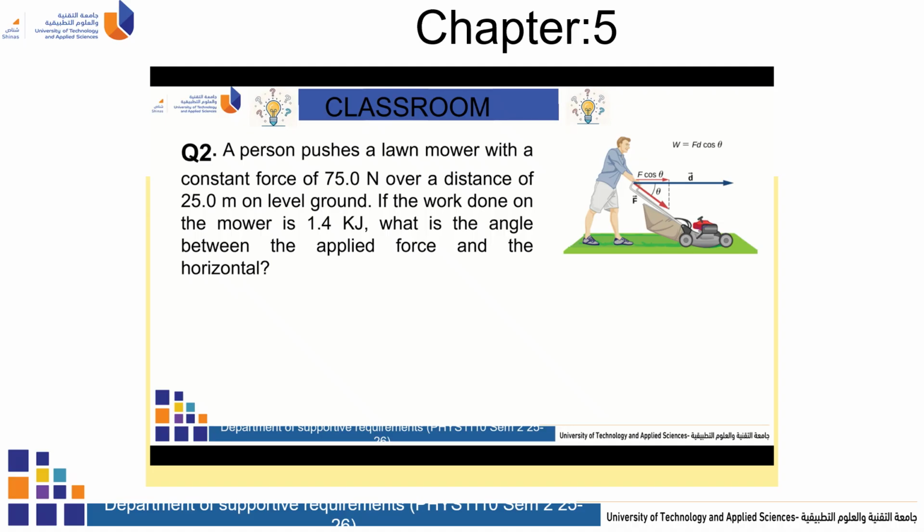So this is a lawn mower here. This is the lawn mower with a constant force of 75 newton, so this is the value of the force, over a distance of 25 meter on a level ground. So this is equal to the displacement.